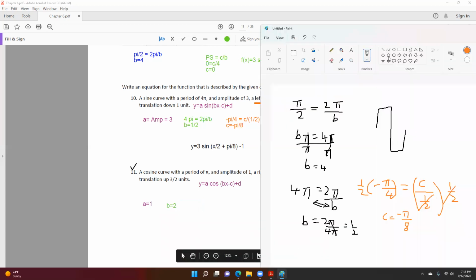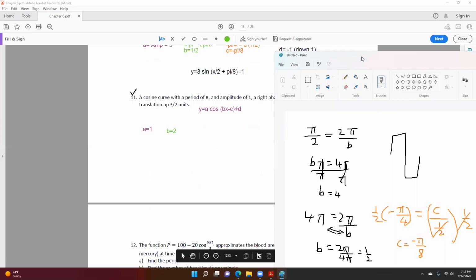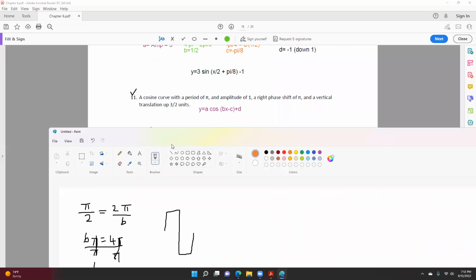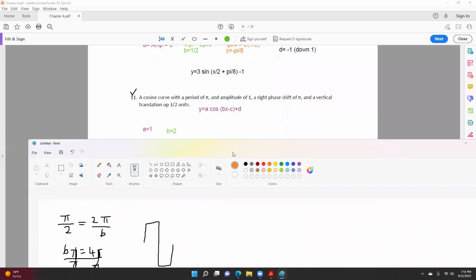What do we use for B? P is period, which is 2 pi over P. From the equation, the period is pi.